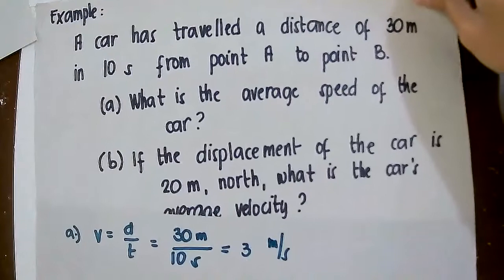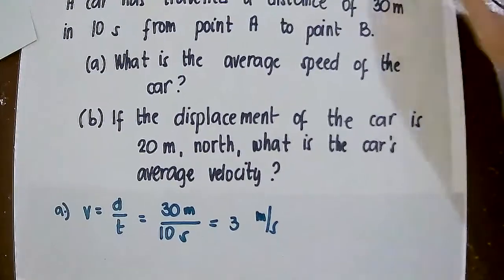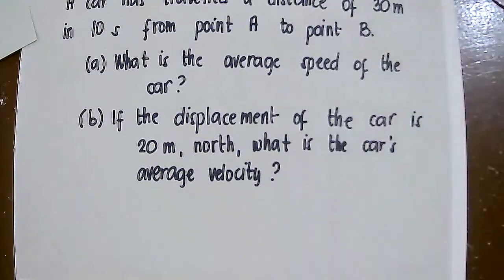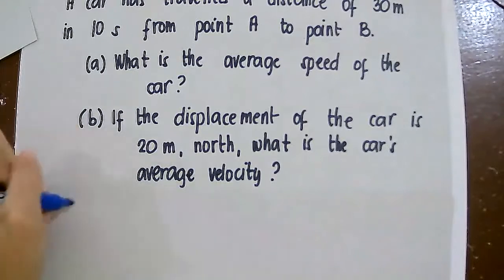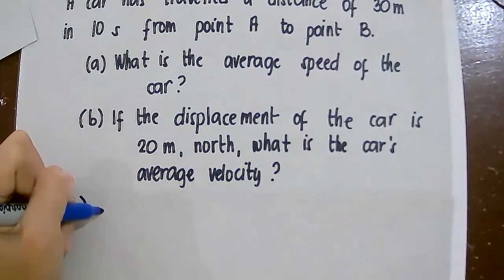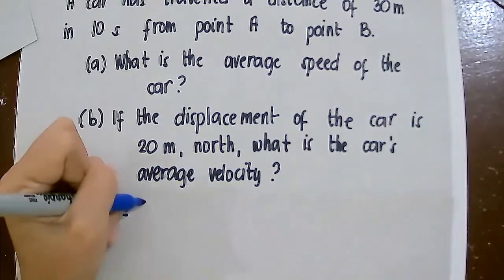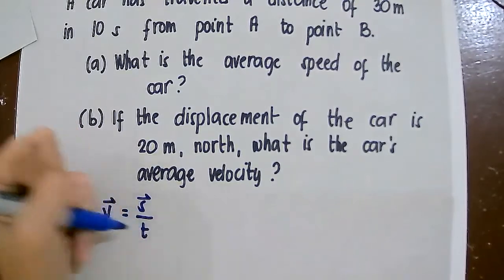Now what about for the second question we have here? If the displacement of the car is 20 meters north, what is the car's average velocity? So in this case, the displacement is already given, that is 20 meters north. Okay, so your velocity is equivalent to your displacement over time.